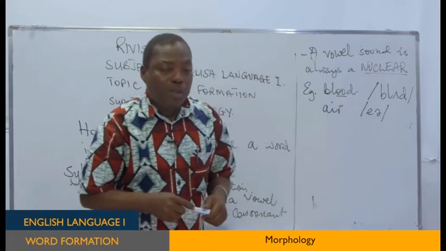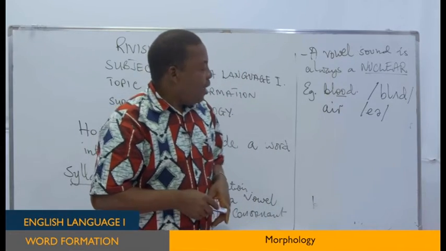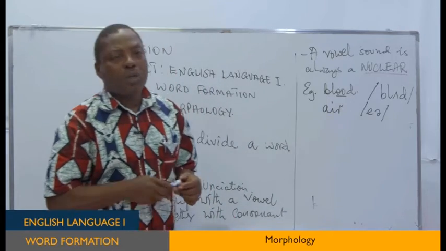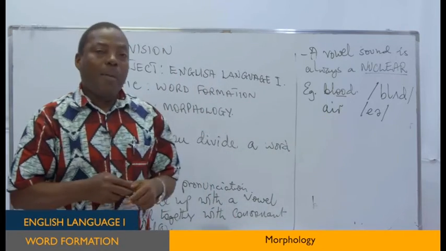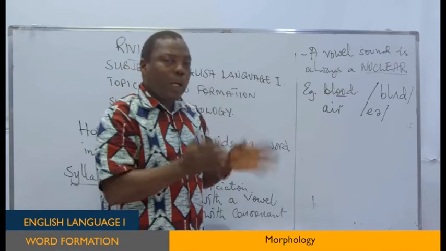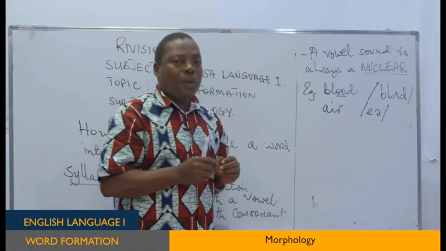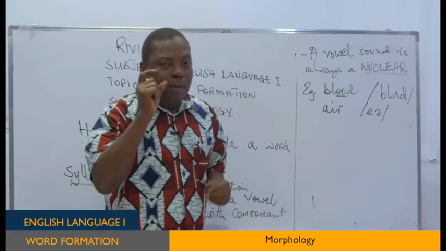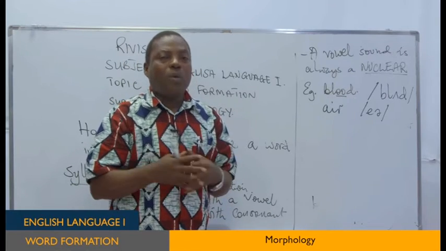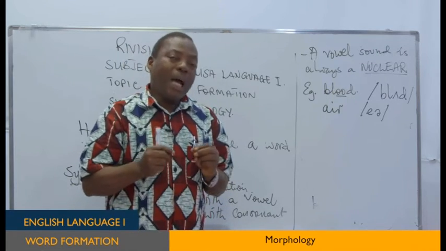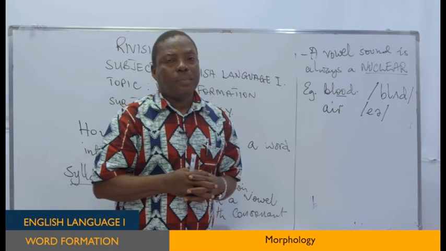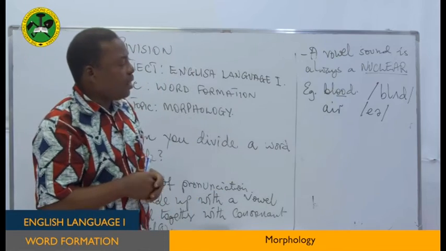Remember, in your study of speaking, and especially the vowel phonemes, you had the diphthongs and the monophthongs. This is an example of a diphthong. So when we are looking at the nuclear part of a syllable, we must not forget that some vowel sounds are made up of a two-unit vowel system, the diphthongs. And others are made up of a one-unit system, the monophthongs. So this is one of the other things that you also need to know.